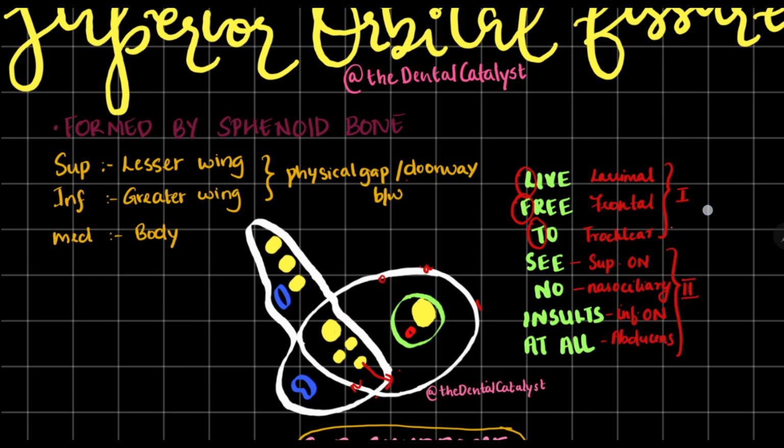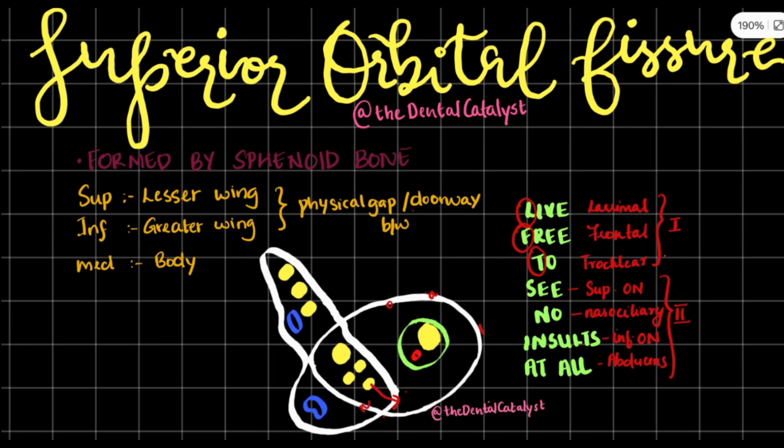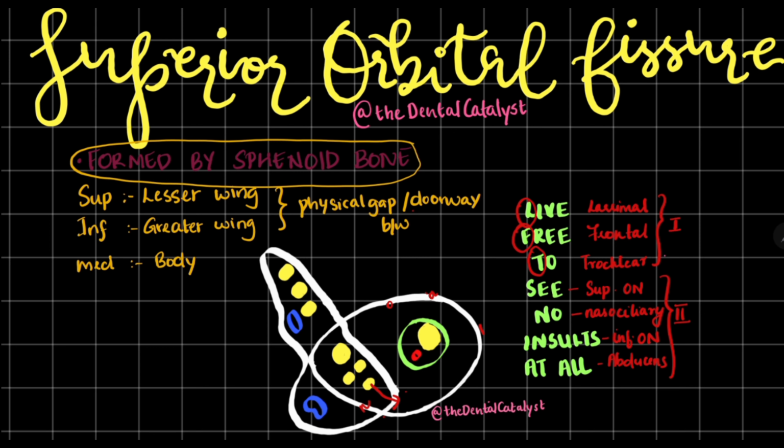Now imagine a patient comes into the emergency room after a very severe maxillofacial injury, like a car accident, where the sphenoid bone in the skull gets fractured. Now you know that the superior orbital fissure is completely formed by the sphenoid bone. That is, the superior aspect is formed by the lesser wing of sphenoid bone.